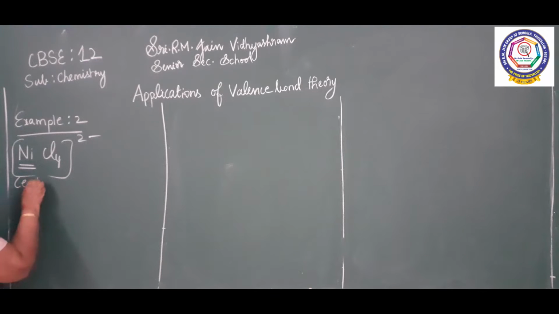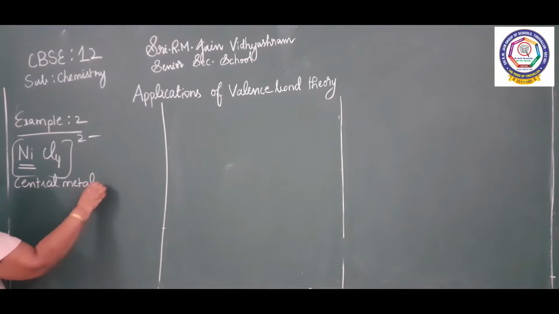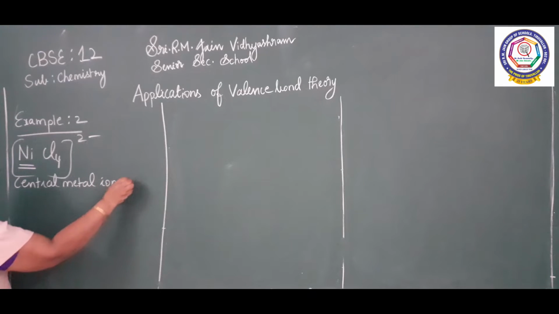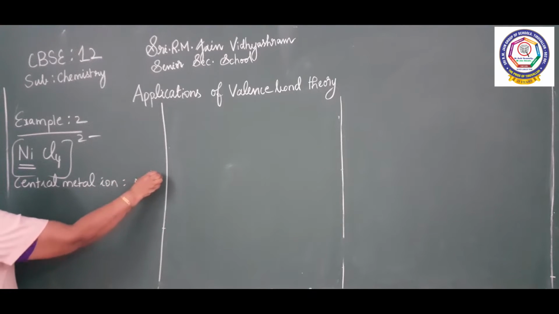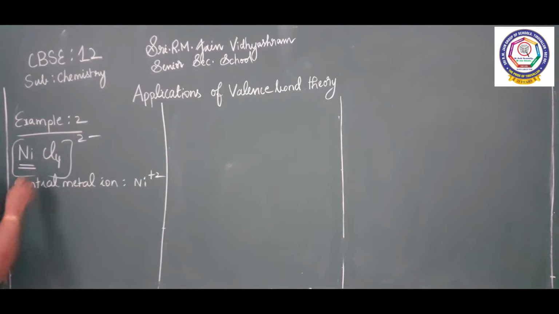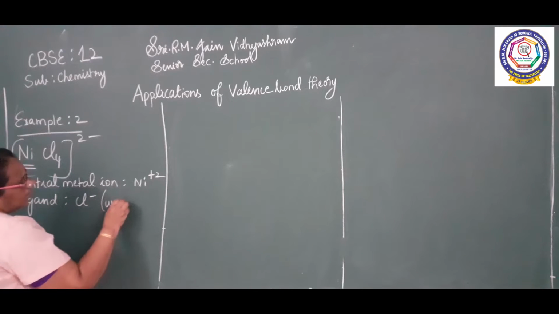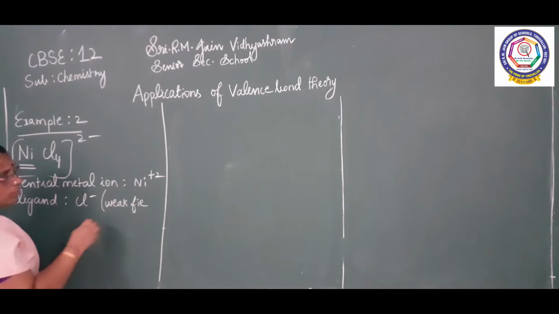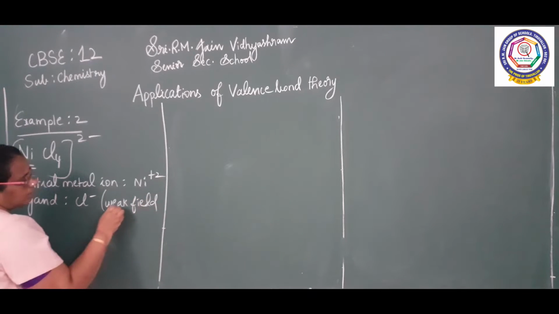The central metal ion is nickel. What is the charge of the nickel? +2. And what is the ligand present here? Chlorine, Cl minus. So it is a weak field ligand. Already I told the trick: it is a halogen, so it will come under weak field ligand.